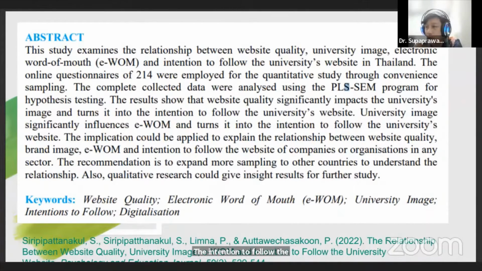It means that university image could be considered as the mediator in this case. And university image has a significant influence on the electronic word of mouth and turns it into intention to follow the university website. It means that electronic word of mouth could be considered as the mediator.